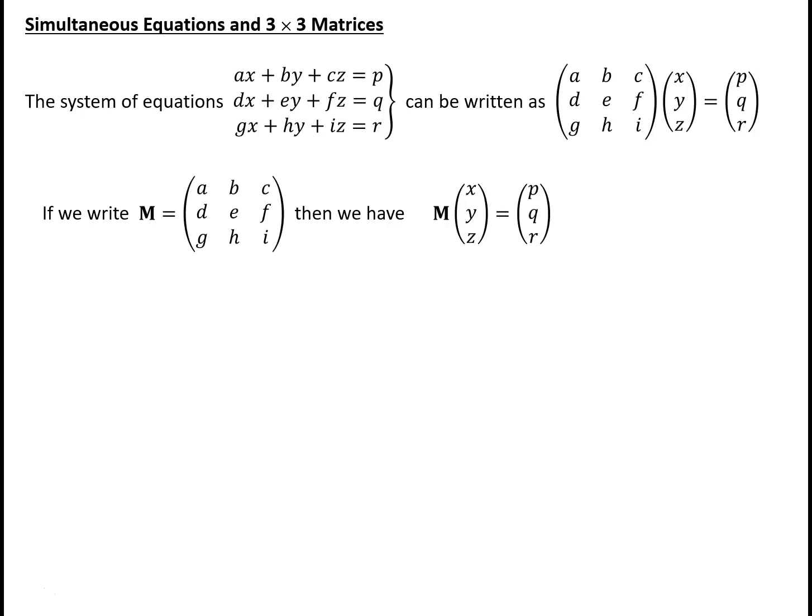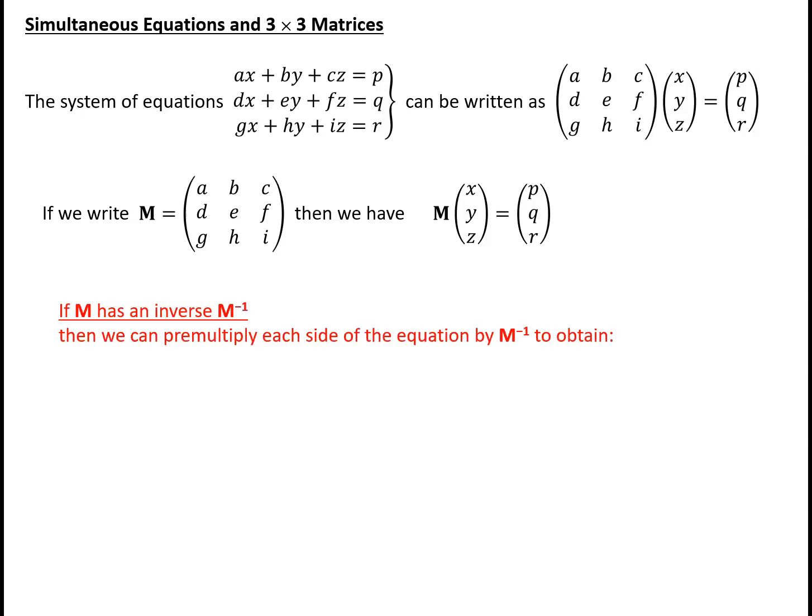If we write M as being the 3x3 matrix ABC, DEF, GHI, then M times x, y, z must equal P, Q, R. If the matrix M has an inverse, M inverse, then we can multiply each side of the equation by M inverse to obtain M inverse times M times x, y, z equals M inverse times PQR.